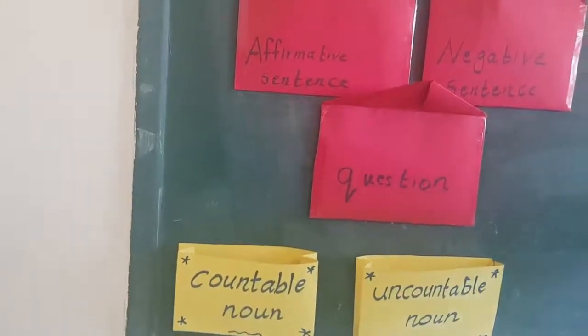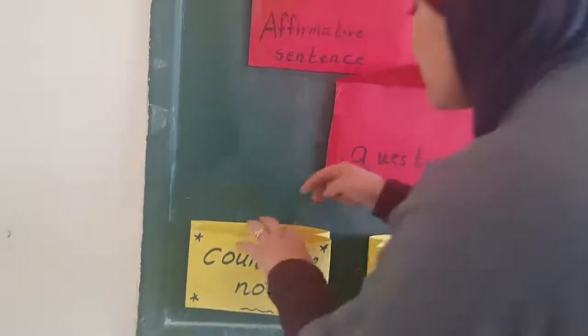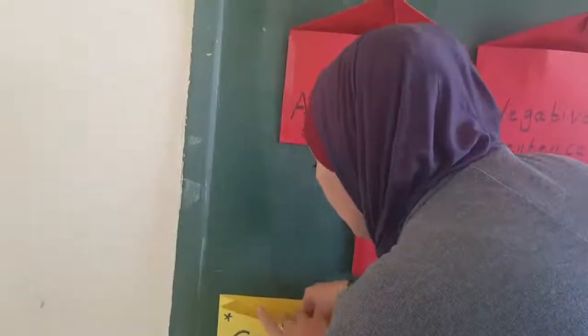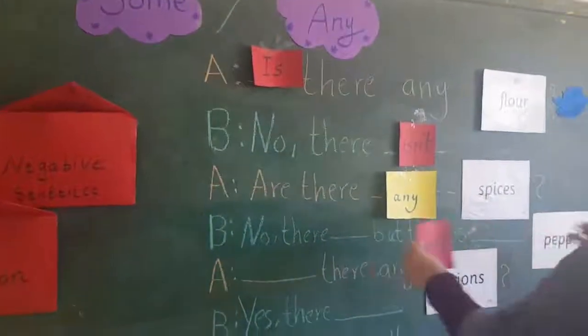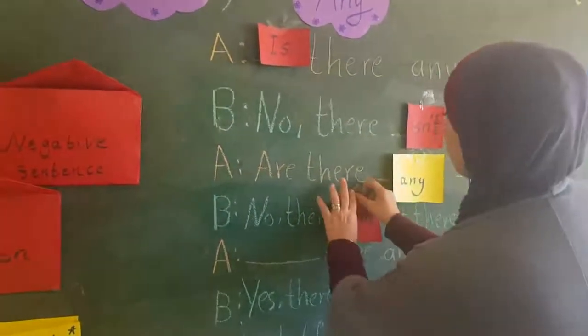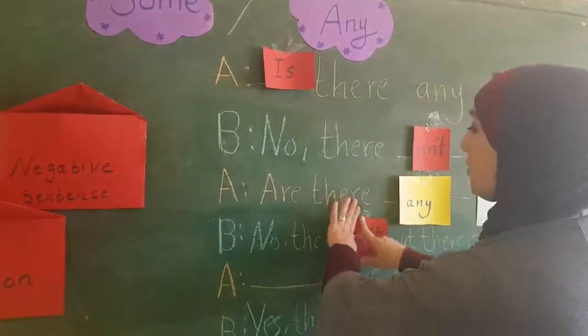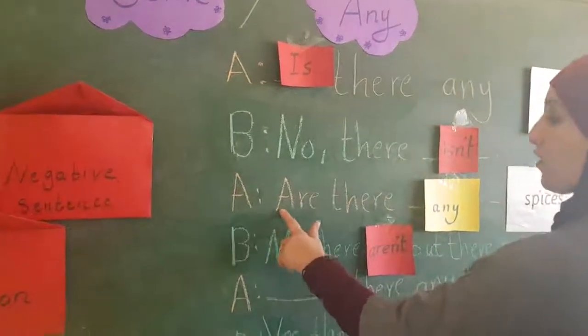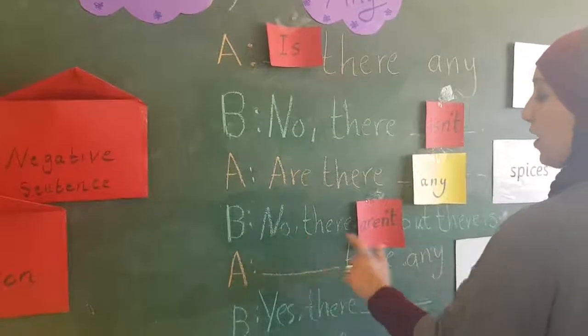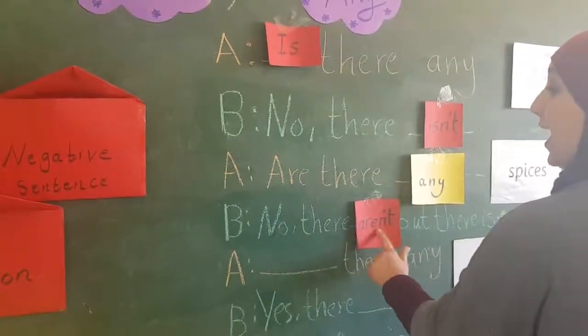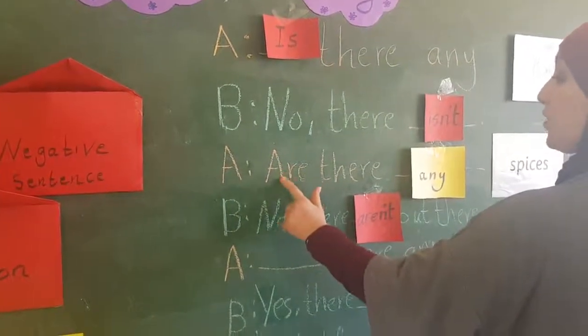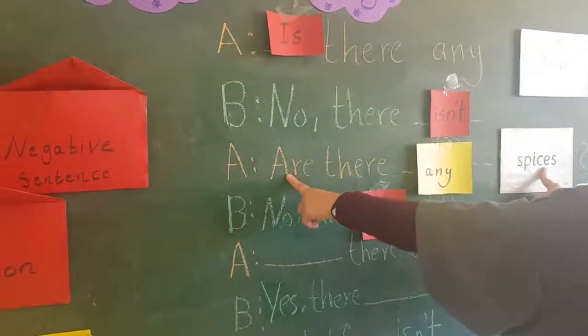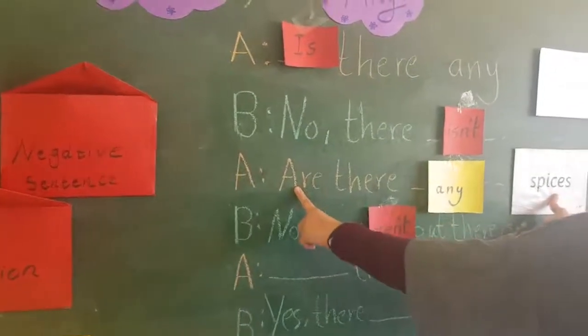Are, so you have to put here aren't. Yes, aren't. Why we will put here aren't? Because this question starts with are and there is no here. So the answer here is aren't. And we will put are here because spices is plural and spices is countable.